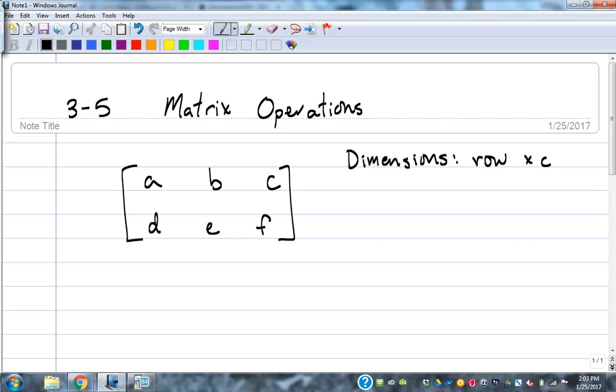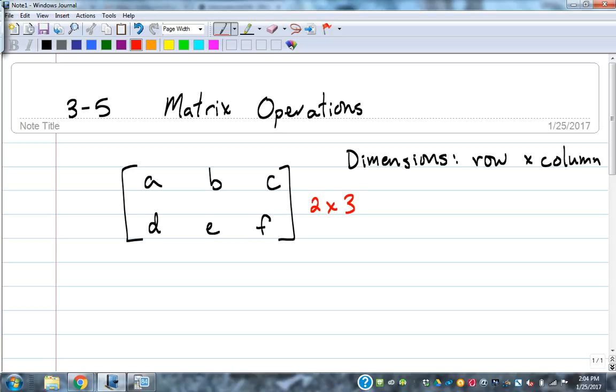Row by column is how you tell how big a matrix is. When I ask you what the dimensions of this matrix are, you tell me how many rows it has and how many columns it has. This one has 2 rows and 3 columns, so it's a 2 by 3 matrix. 2 rows, 3 columns.